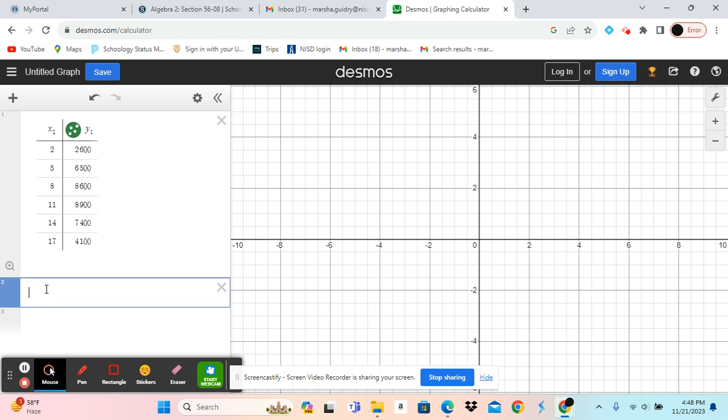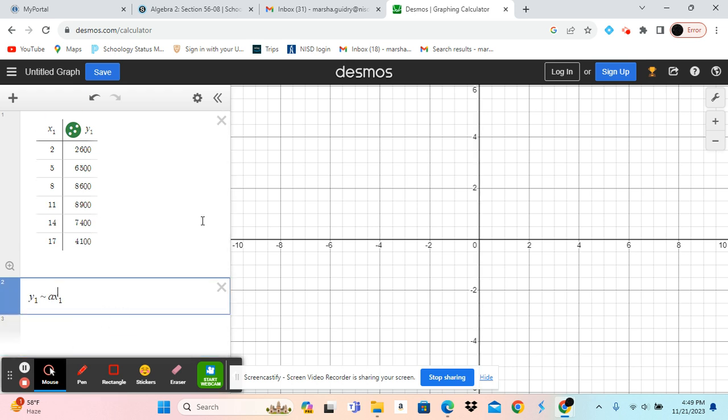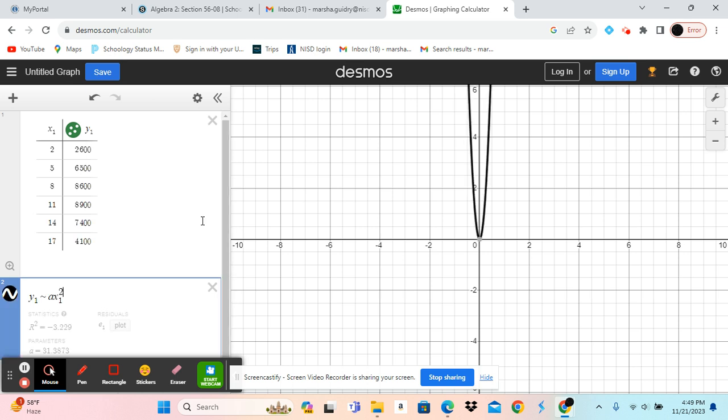So we're going to click in the second space, and we're just going to type y1 regressed with a x1 squared, using the Shift key and the number 6 at the same time, arrow to the right, plus b x1 plus c.